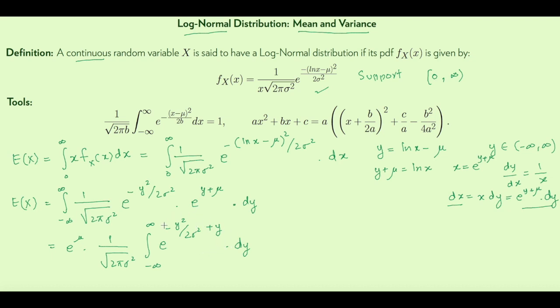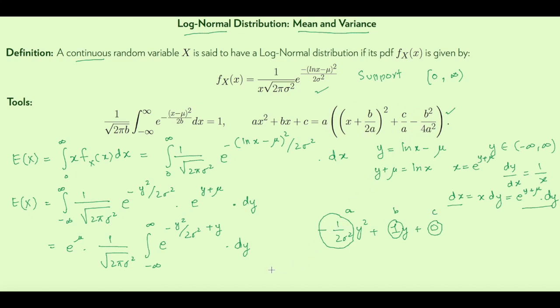Now let's use completing the square on this. I can write this as minus 1 over 2 sigma squared times y squared plus 1 y plus 0. So this is my a, this is my b, and this is my c, and I can just plug and play.